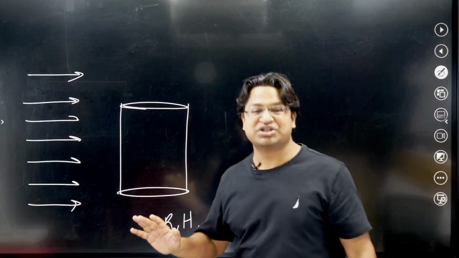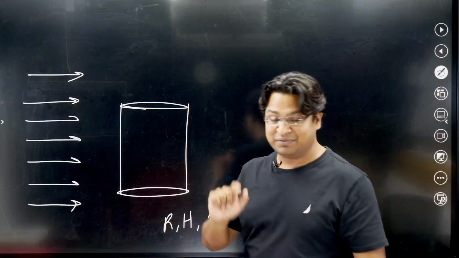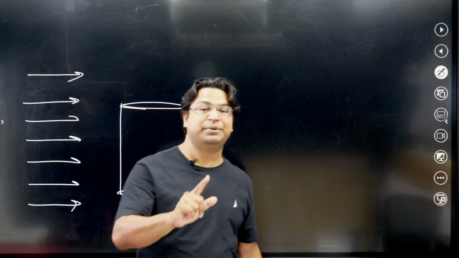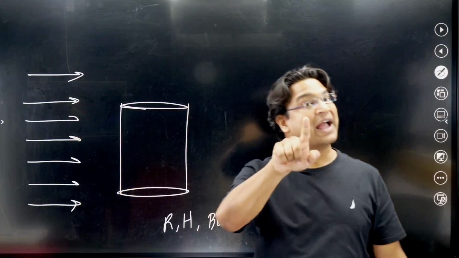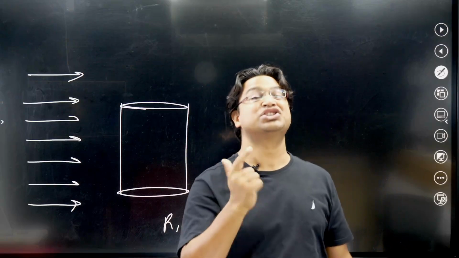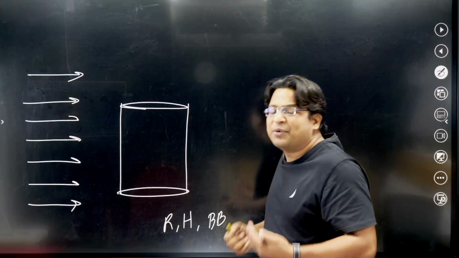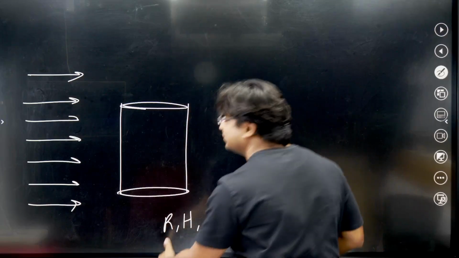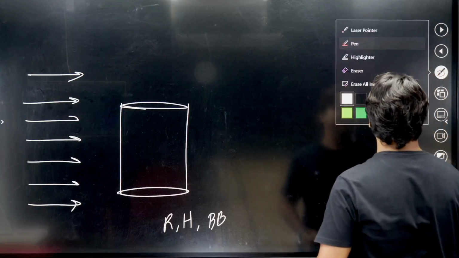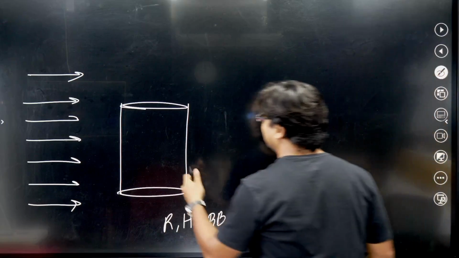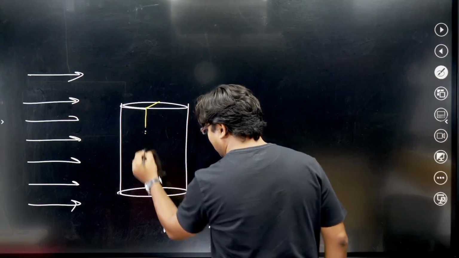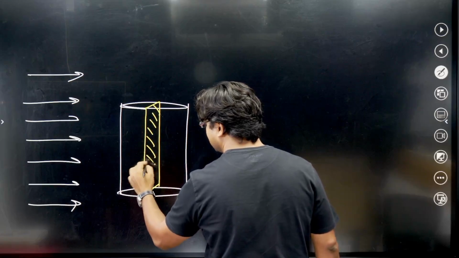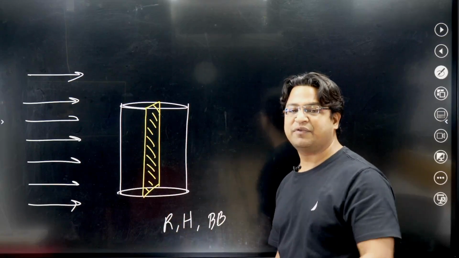The shape of the shadow would be a rectangle. What would be the sides of the rectangle? The sides would be h and the diameter, that is 2r. Imagine if I split this cylinder into two halves, this is the rectangle that is going to get exposed, and it is this rectangle which would be responsible for blocking the light.